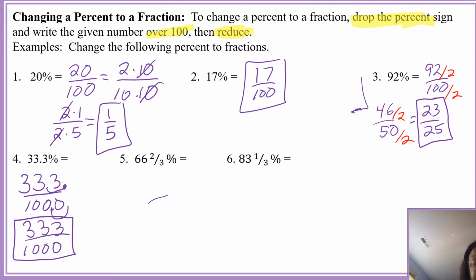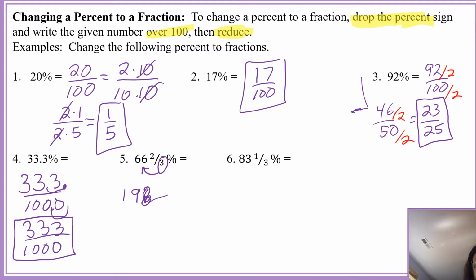All right, over here, number 5, 66 2/3. Well, I'm going to create a mixed number. So I have 3, and I multiply it by 66. I get 196. Nope, I get 198. Apologies. That's an 8.